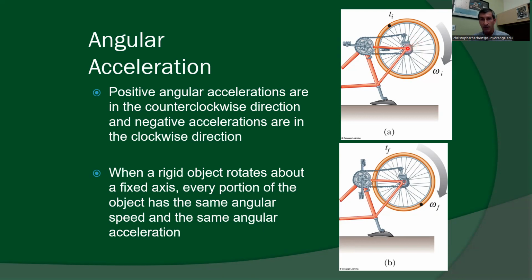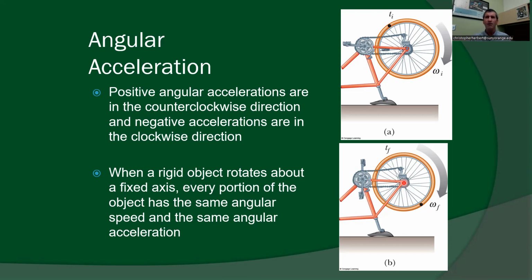In this case, for a positive angular acceleration and a positive angular velocity, we're going counterclockwise, so our vectors for both are pointing toward us. If it's slowing down, however, where it's going slower at the end, then the angular velocity vector is pointing at us, and the angular acceleration vector is pointing away from us.